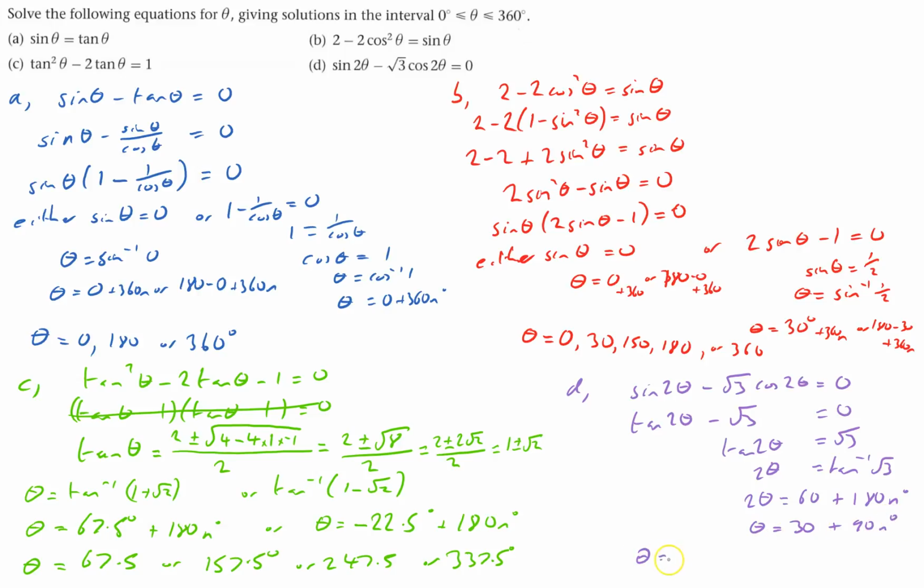And so theta could be 30 or 120 degrees, or 180 plus 30, 210 degrees, or 300 degrees. And that's just filled in, and that's done.